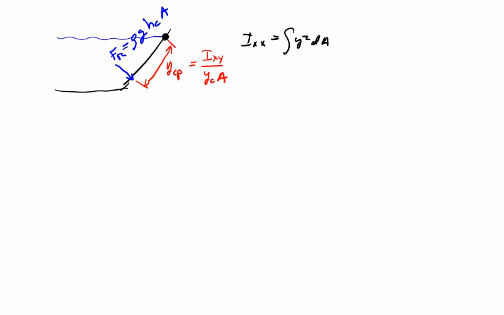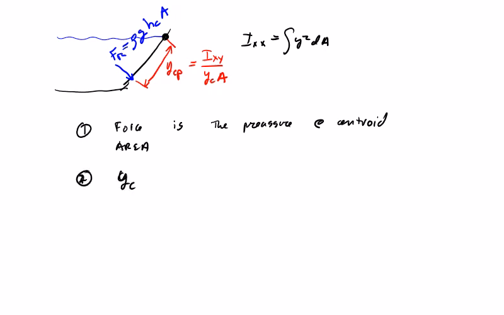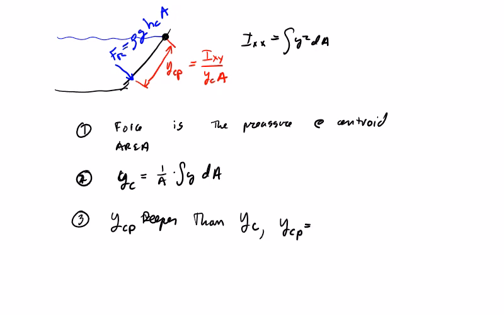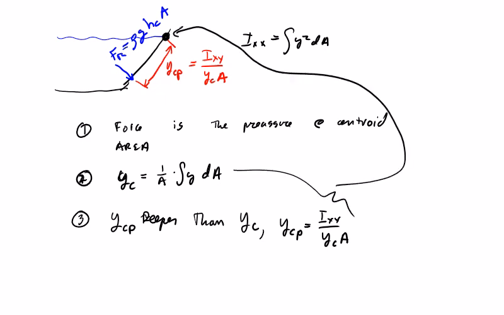And the things we need to remember are that, 1, the force is the pressure at the centroid times the area. 2, the centroid, yc, is equal to 1 over the area times the integral of y dA. 3, the force acts at the center of pressure, which is deeper than yc, and is equal to ycp, which is equal to Ixx over yc A. When measured from an origin, all of these formulas I'm assuming the origin is being measured from that point. All right?